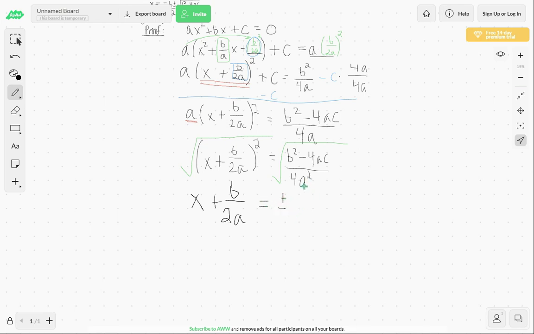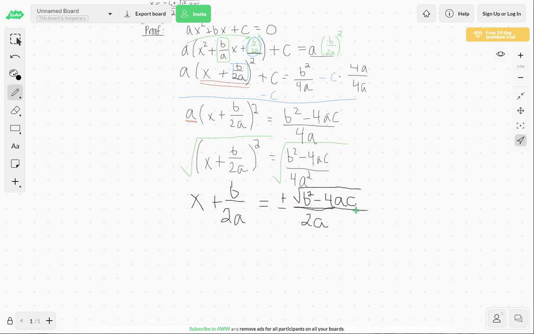Now, if we take the square root of a fraction, we take the square root of the top and we take the square root of the bottom. If we take the square root of the bottom, we just get 2a. And if we take the square root of the top, we can't really simplify it anymore. We just leave it as it is. B squared minus 4ac all over 2a.